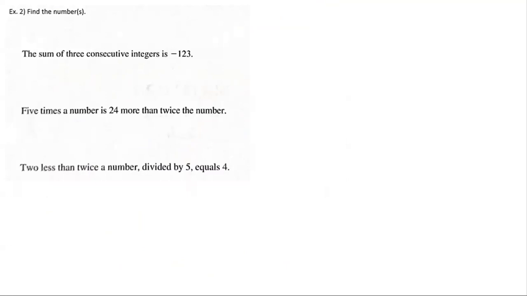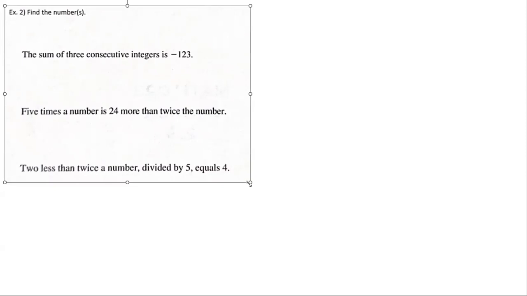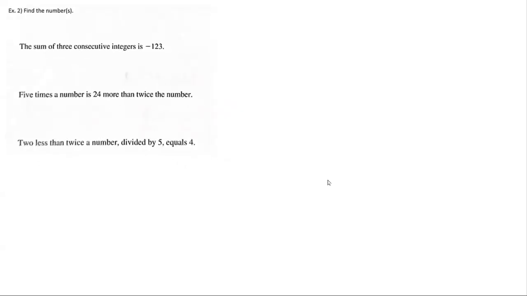First one says the sum of 3 consecutive integers is negative 123. The sum of 3 consecutive integers is equal to negative 123. So let's label this number 1. All right, so 3 consecutive integers.